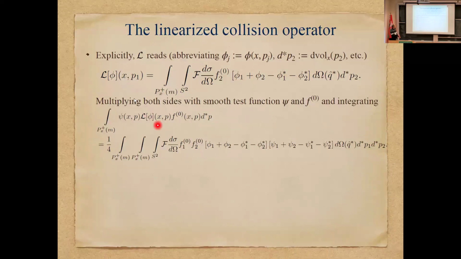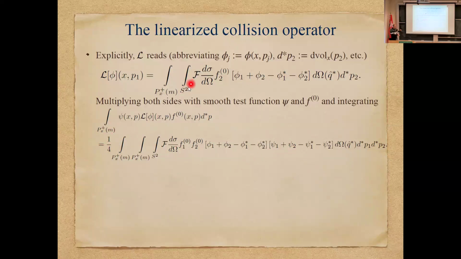And furthermore, it has some nice structures. So again, if we do the same procedure as before, so we multiply this equation by a function psi, and by f0 and integrate, then we get this integral form here.